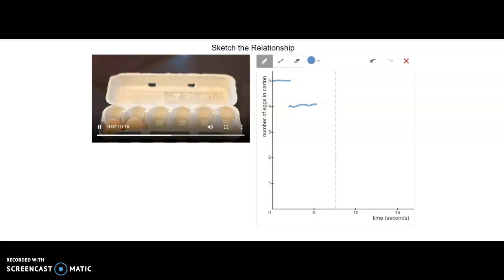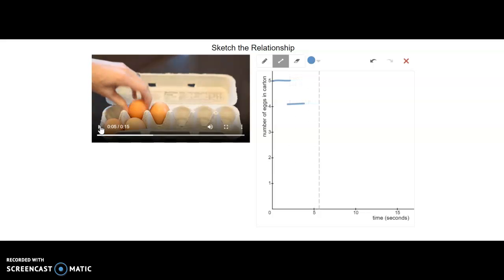Sorry, that's supposed to be a straight line. Oops, there we go. So I had 5 eggs, and then at some point I had 4 eggs, all the way up to about 5 minutes. I had 4 eggs up to here, and then all of a sudden I went from 4 to 3 within 2 seconds. So then I went from here to here with 3 eggs.